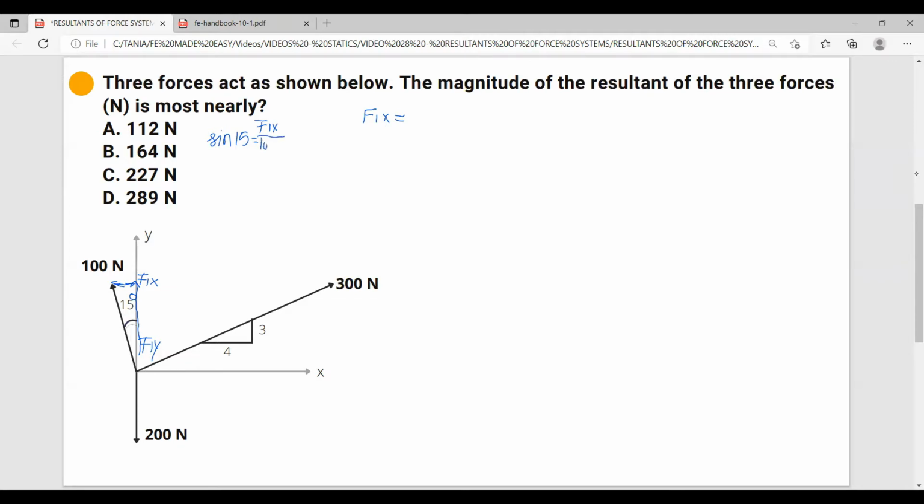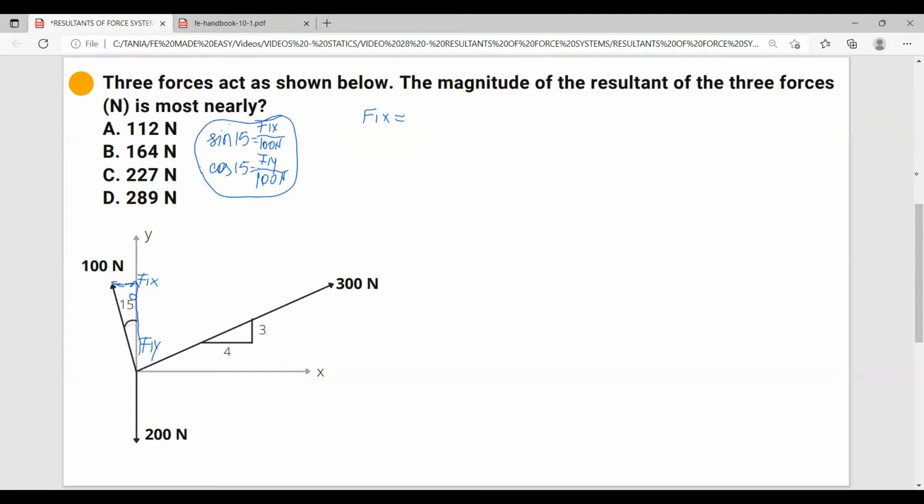In our case it is 100 Newton. And in order to solve for F1y, we'll do cosine of 15 equals the near cathetus, which is F1y, over hypotenuse, again 100 Newton. And from these two equations, we solve for F1x and F1y.